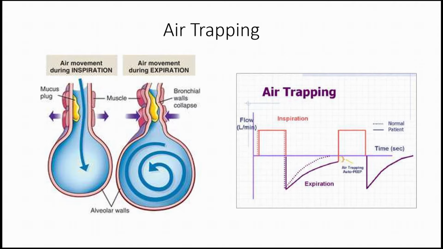So when I'm sucking things in, I'm creating a pull. I can also pull open some of this area, so I can get air in relatively easily, but then when I go to blow air out, I increase my intrathoracic pressure and I collapse those airways. And so I end up trapping air in the alveoli, okay?